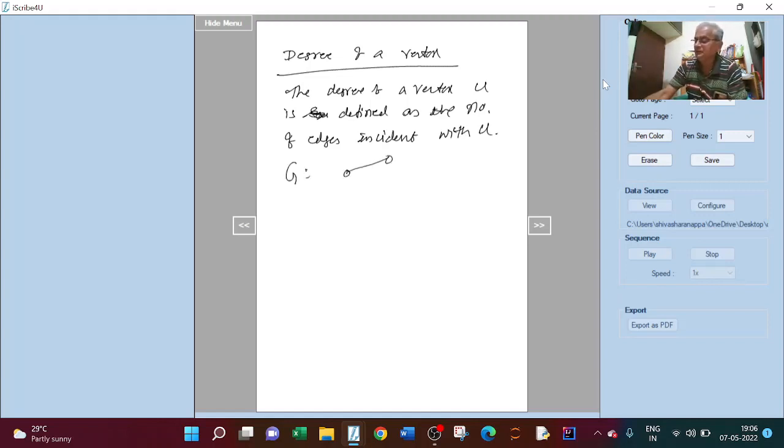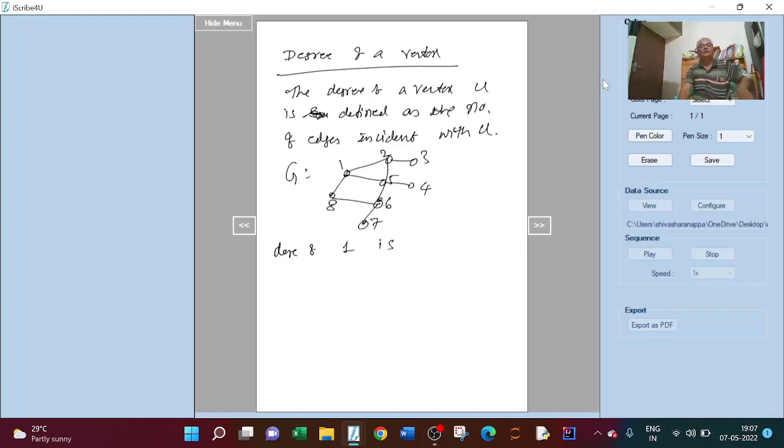Consider a graph G with vertices 1, 2, 3, 4, 5, 6, 7, 8. This is a graph with 8 vertices. Now we write the degree of 1.